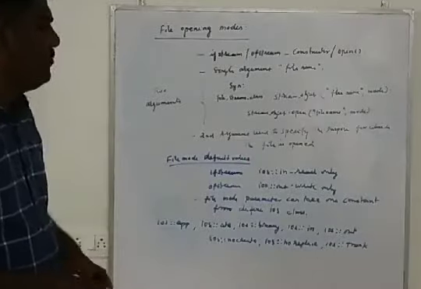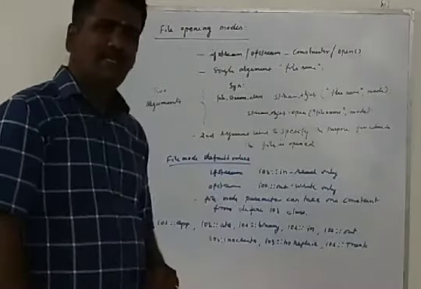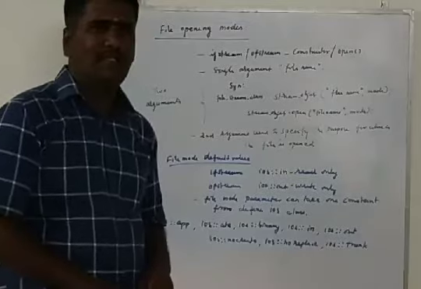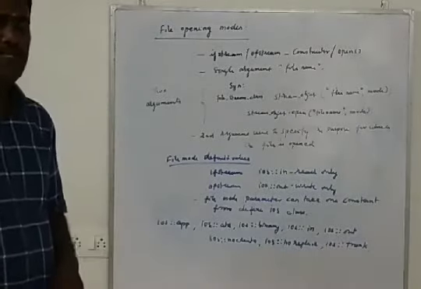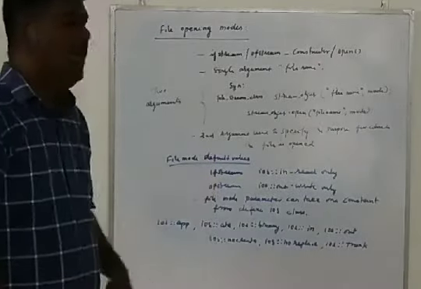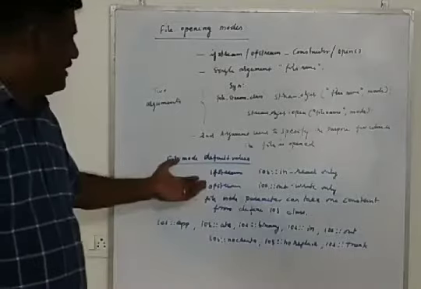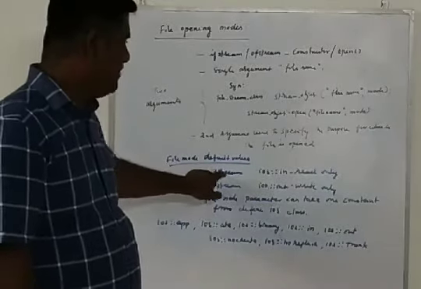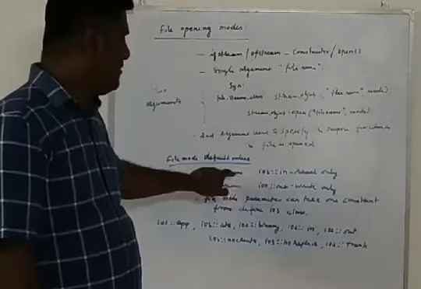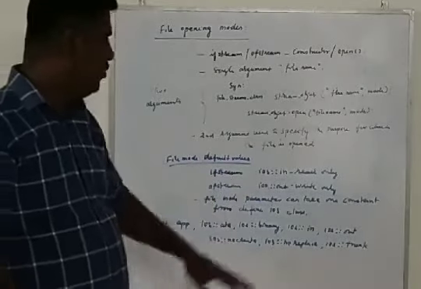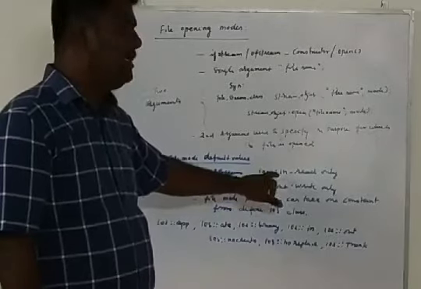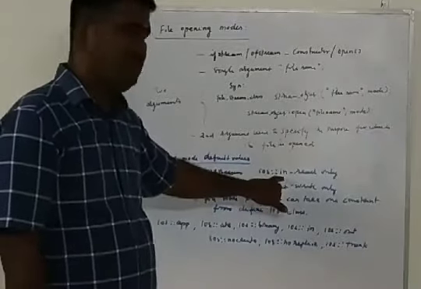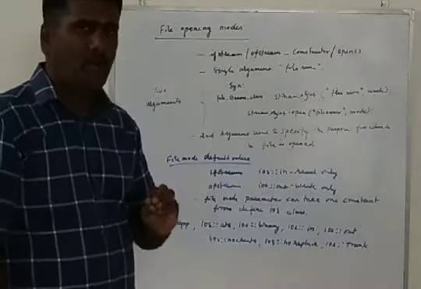The file mode is defined in the ios class. Here ifstream is an input stream, and its default file mode is ios::in, which is nothing but read only.